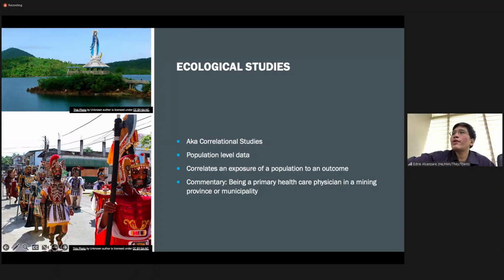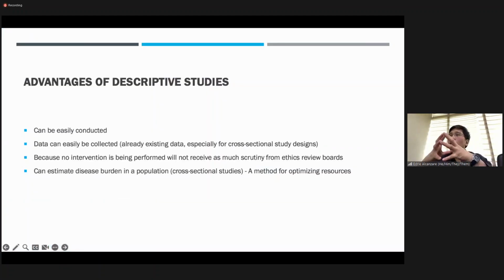So what are the advantages of doing descriptive studies? Descriptive studies can be easily conducted, okay? You already have the data, particularly with case studies and with case series, because you already saw the patients, okay? You already have the variables with you. Maybe you'll do a little bit of follow-up, or the data can be easily collected.